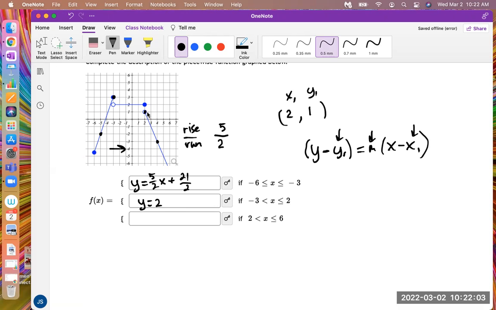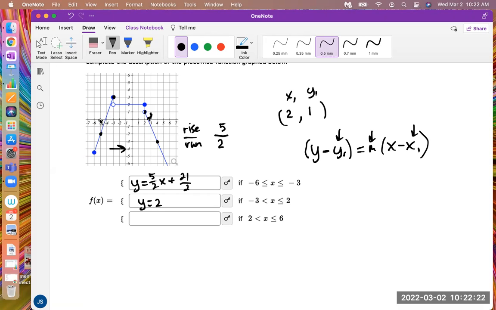I do notice that when I go from left to right, like I read a page, if I imagine being a little skier on this line, I'd be going downhill. So this is telling me it's a negative slope here.